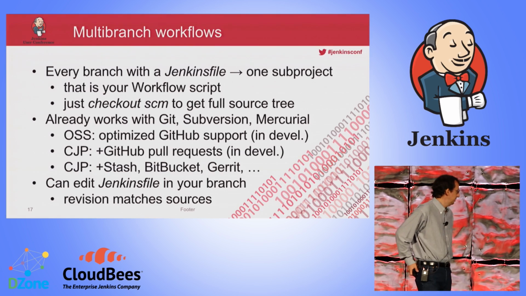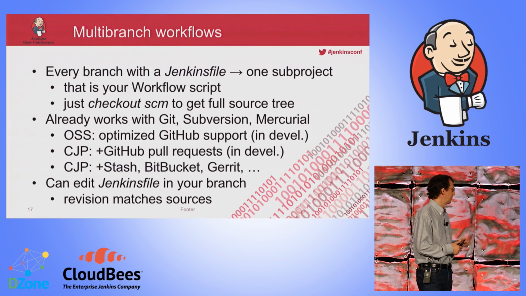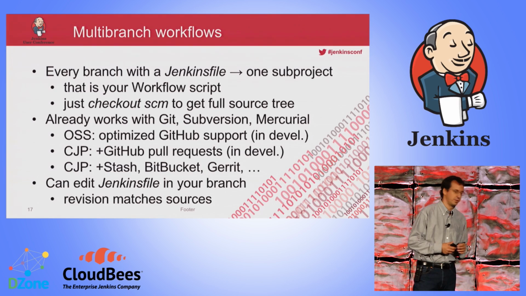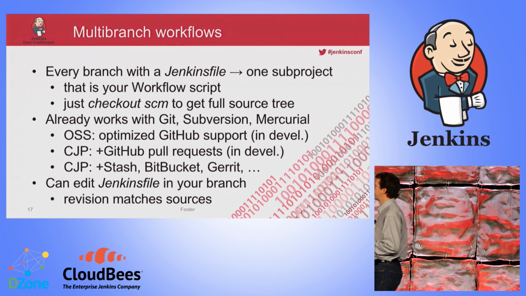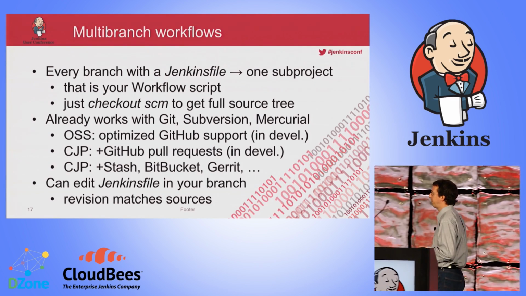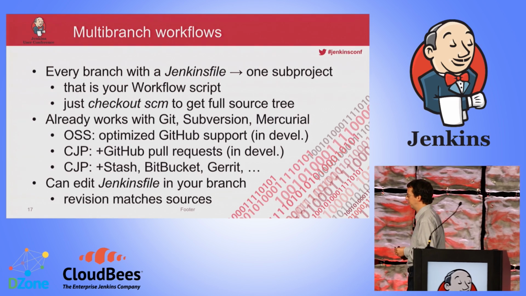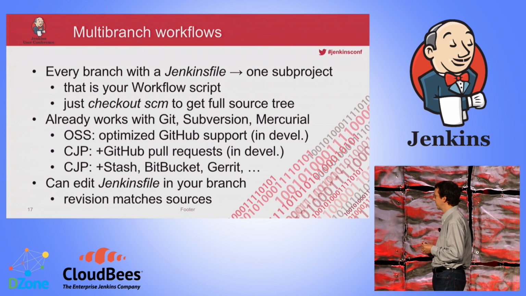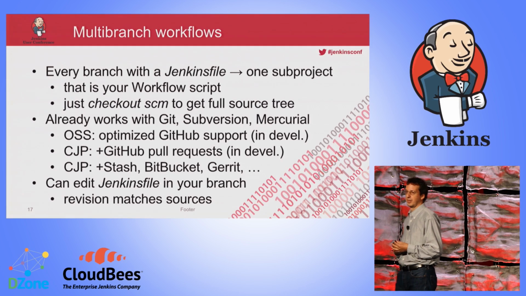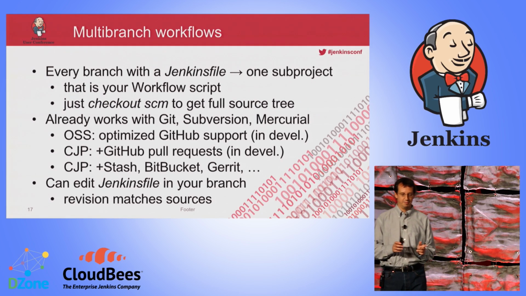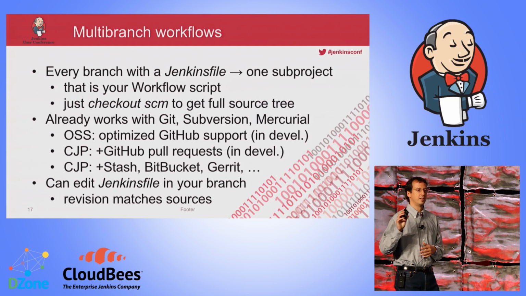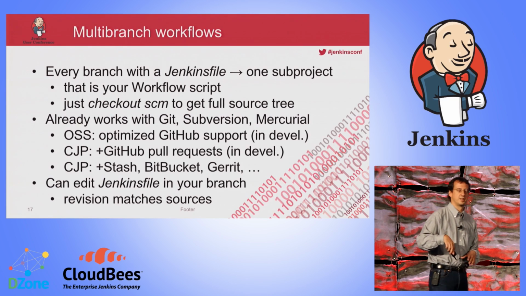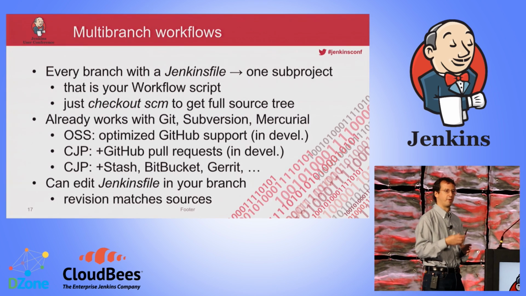A couple other things are also under development that are currently slated to be part of CloudBees Jenkins platform. So for CloudBees customers, you'd also get support for GitHub pull requests. So that would mean that if somebody forks your repository and issues a pull request against it, then we immediately notice that fork exists and start building from that fork as well.